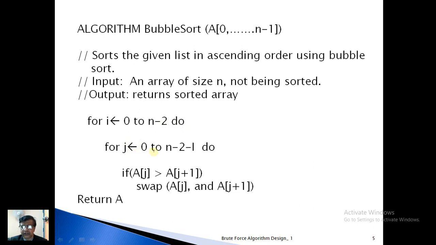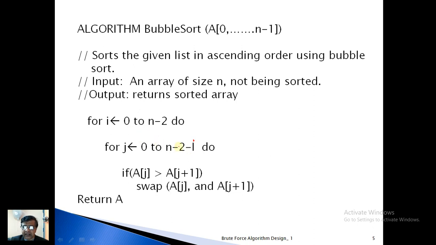For j equal to 0 to n minus 2 minus i, do. In the first iteration n minus 2 comparisons will take place. In the second iteration it is n minus 2 minus 1, because in the second iteration i equals 1, so n minus 2 minus 1, a reduction of 1 comparison.